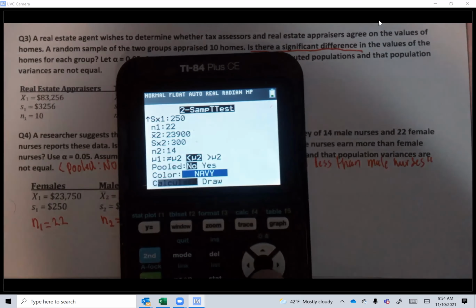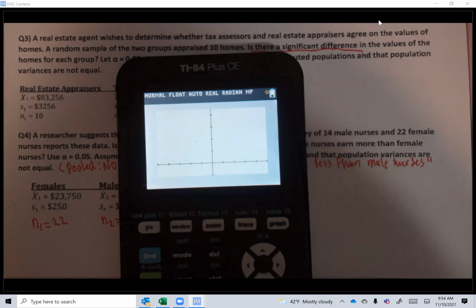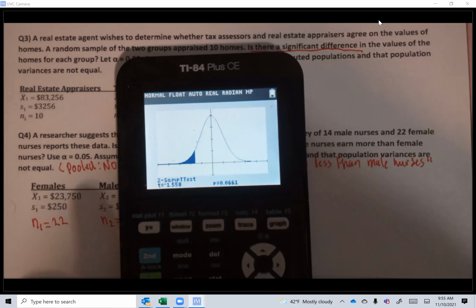And draw. You will see a p-value on the left, guys. The p-value is the area to the left of the test statistic. There you go. So t is negative 1.558.